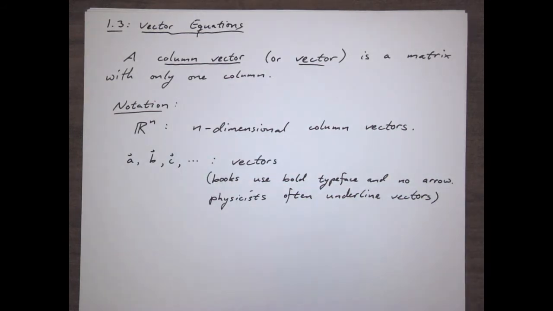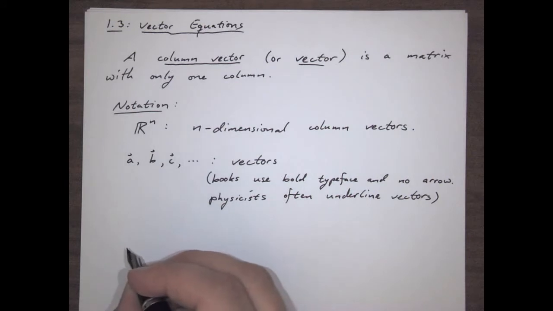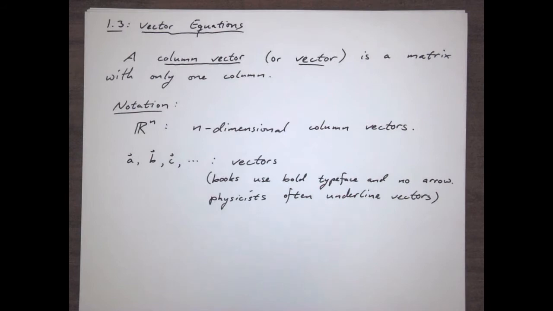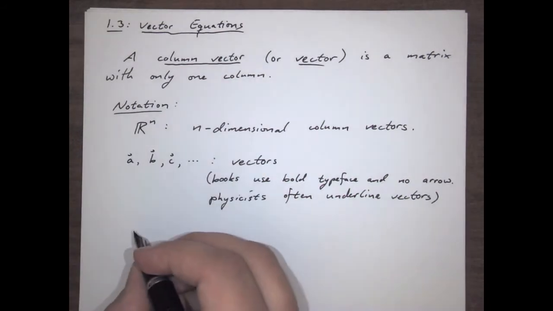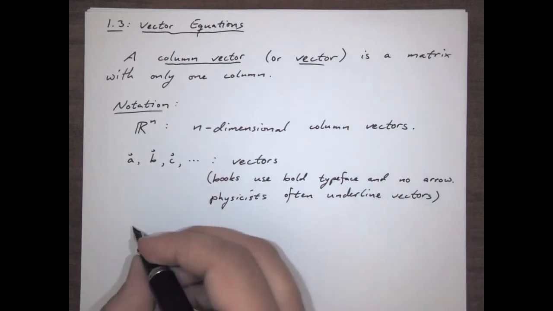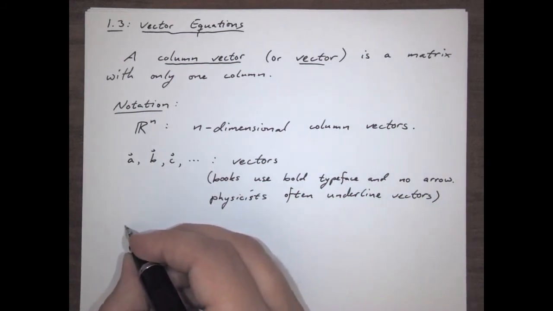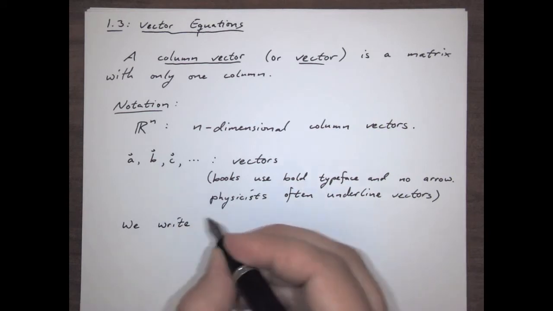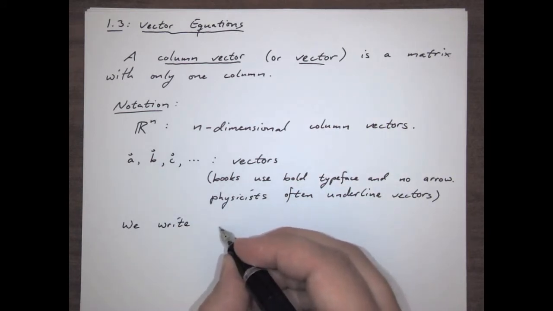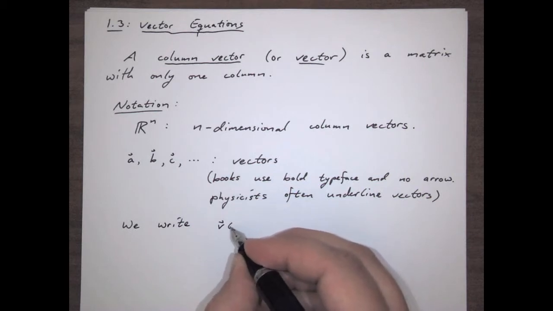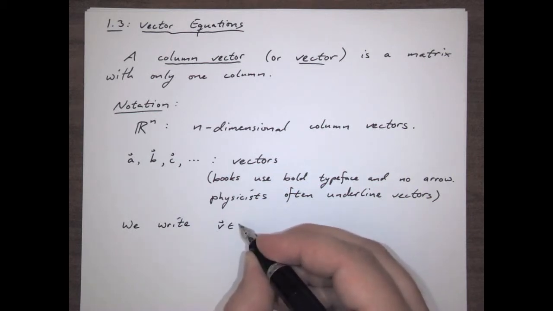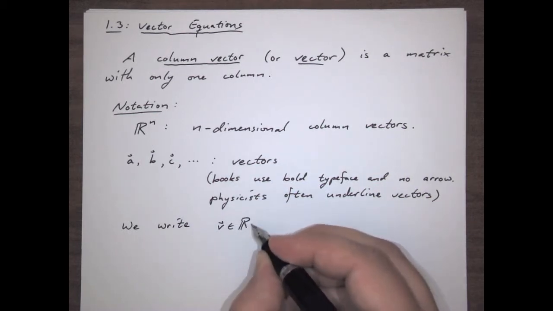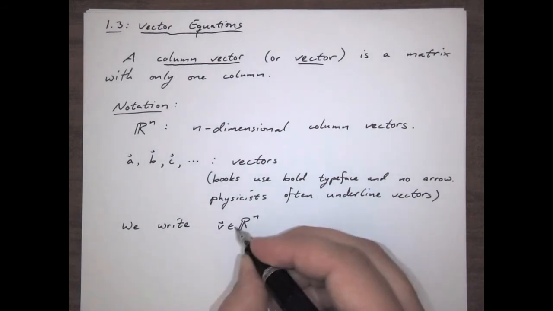Okay, so then if we want to indicate that a certain vector has a certain dimension, belongs to a certain column space, then we can write something like V, which is also a commonly used vector letter because vector starts with V. So we write V belongs to Rn.